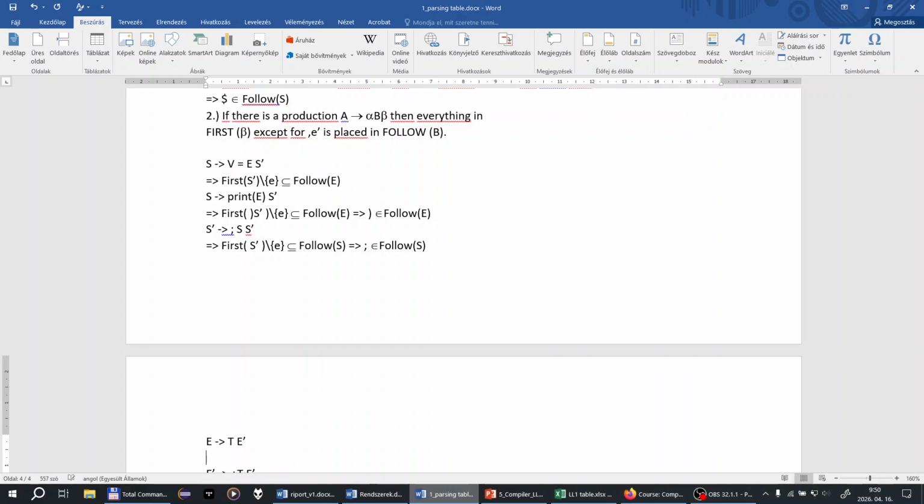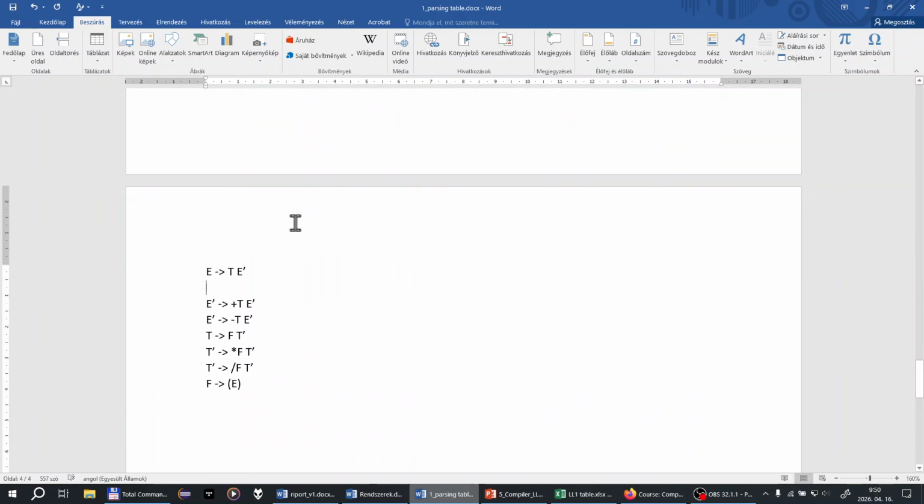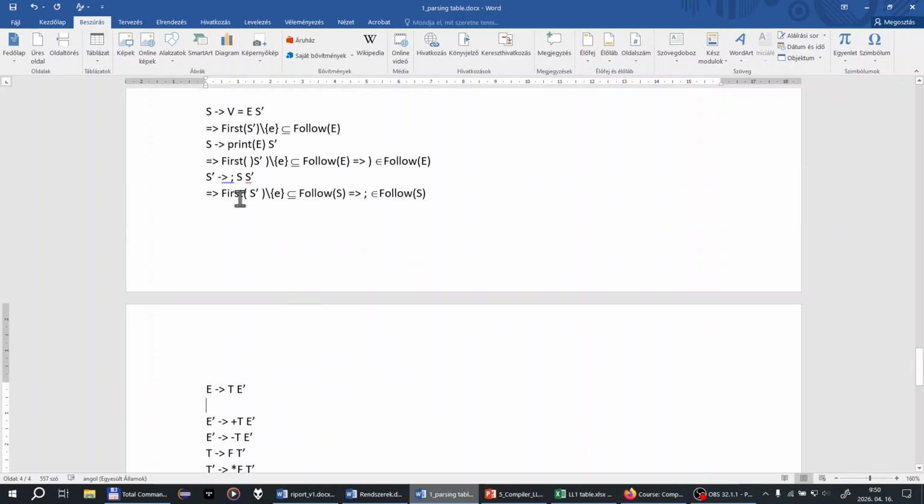Okay. Here we have an E prime following the T. So as a consequence, first of E prime minus epsilon is an element of follow T. Okay, let's see.